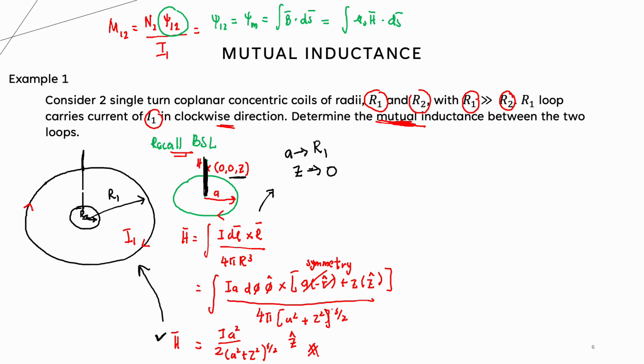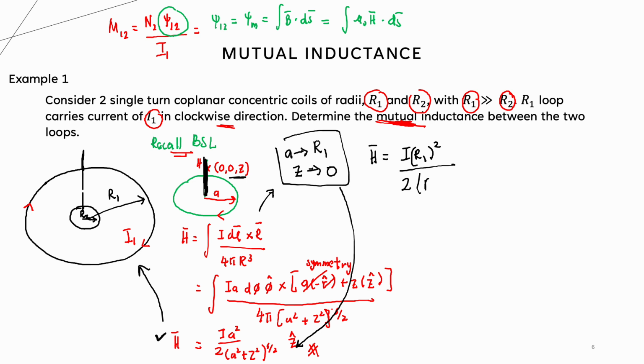Substituting this information into the equation, we obtain H equals I r1 squared over 2 times r1 squared plus 0, since z equals 0, to the power of 3 over 2, in the z direction.